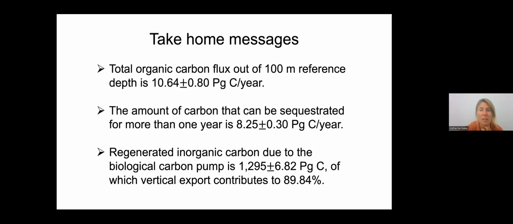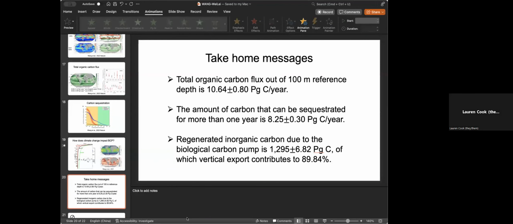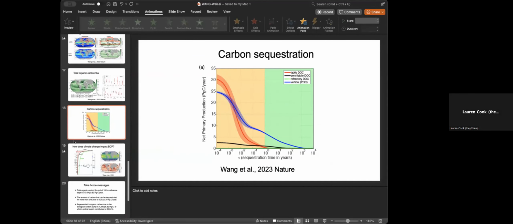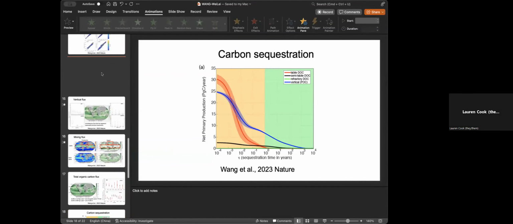Looks like Lauren has a question. Go ahead, Lauren. Yeah, thanks so much. This is a really awesome talk. I was curious about the figure you had with blue, red, and I think black with a line. It was about model DOC versus observed DOC. Yeah, it was right here on slide 14.